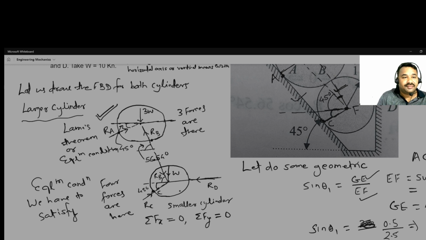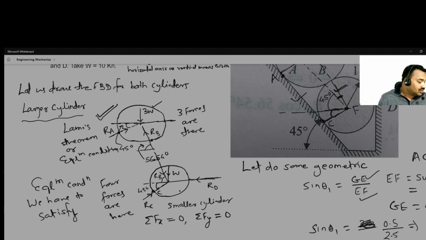In this larger cylinder, the 3W is a vertical load, and RA and RB are two inclined reactive forces, and angles are required. The angles we have already found out. So we only have to resolve the forces in the x and y directions, satisfy the equilibrium conditions, and get the answer.